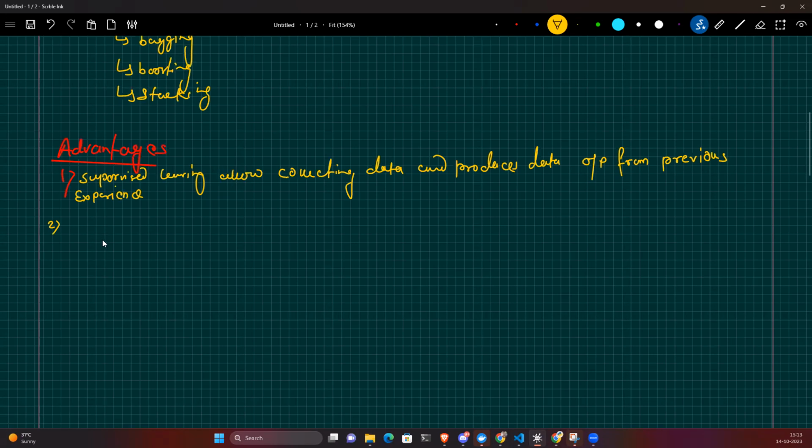That's why companies ask for 5 or 10 years of experience, because they can easily tackle problems. A fresher might not have any prior experience to solve a challenging problem.